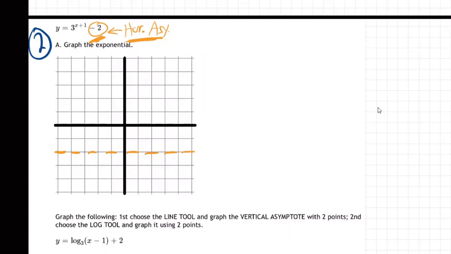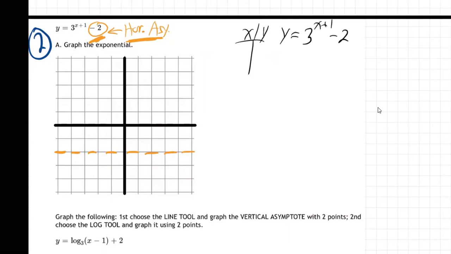Okay, let's make our table. And so when we make our xy table, what we're going to plug in, remember, is whatever makes the power 0. So we have, let me write it up here, y equals 3 to the x plus 1 minus 2.